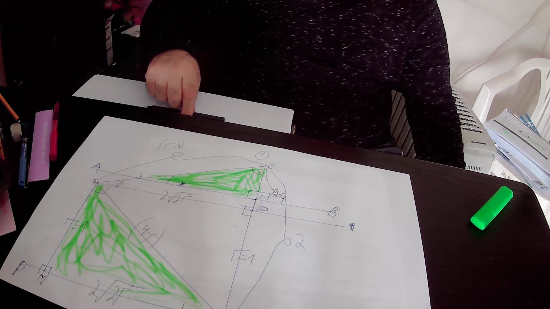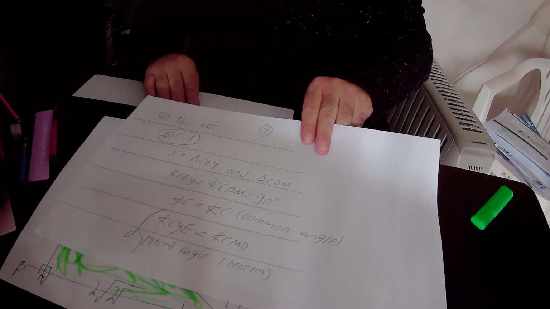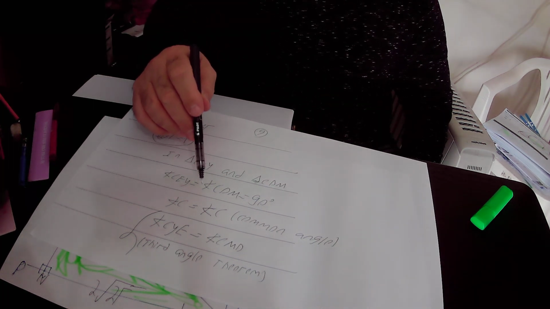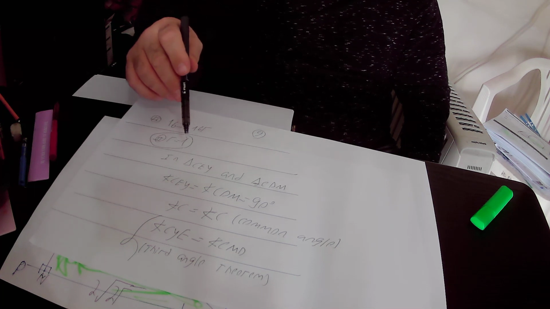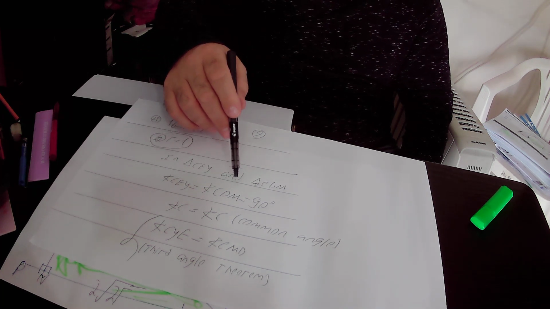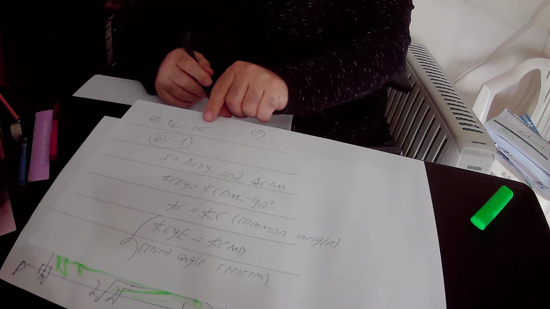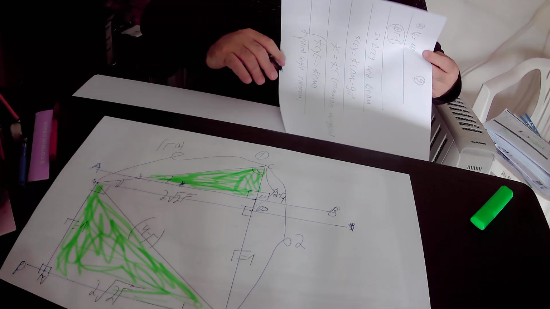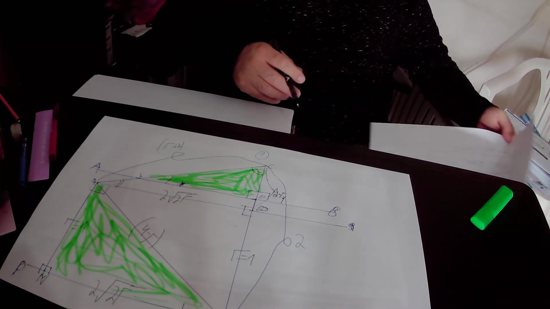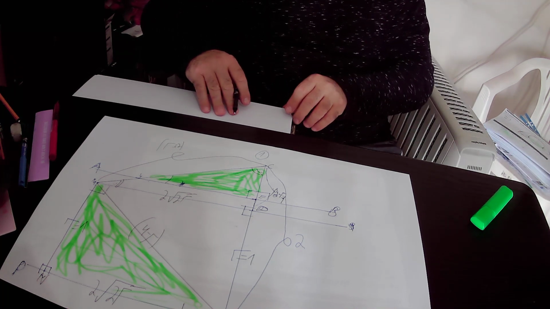So we actually proved that all three angles 1, 2, 3 of triangle CEY are congruent to all three angles 1, 2, 3 of triangle CDM. Therefore, we actually proved that triangle CEY is similar to triangle CDM according to the angle similarity rule. So I will write it down.